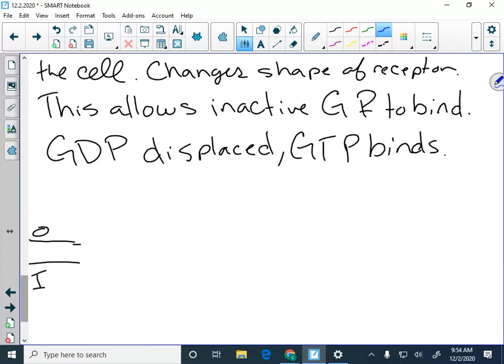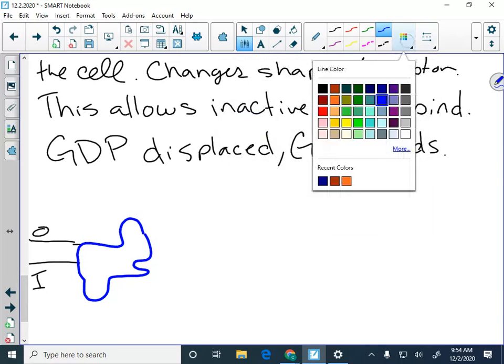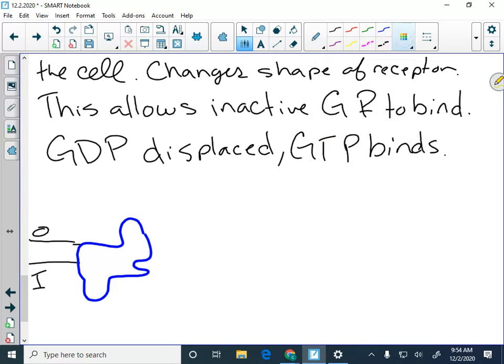So, our signaling molecule will bind. We'll make it yellow. Our signaling molecule will bind to our receptor.